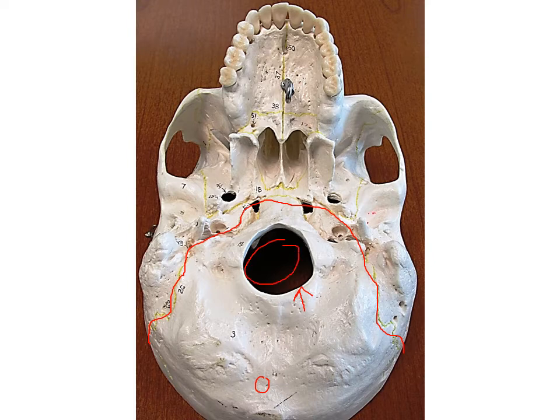This big opening here is called the foramen magnum. I've heard some people call it the magnum foramen, and I think that's acceptable, but the correct term is foramen magnum, I believe, and I could be wrong. Anyway, foramen means hole in a bone, magnum means big. So this is the big hole in the bone.